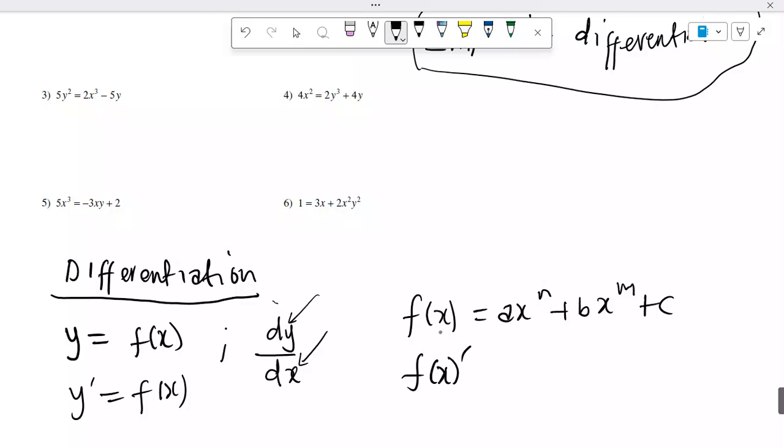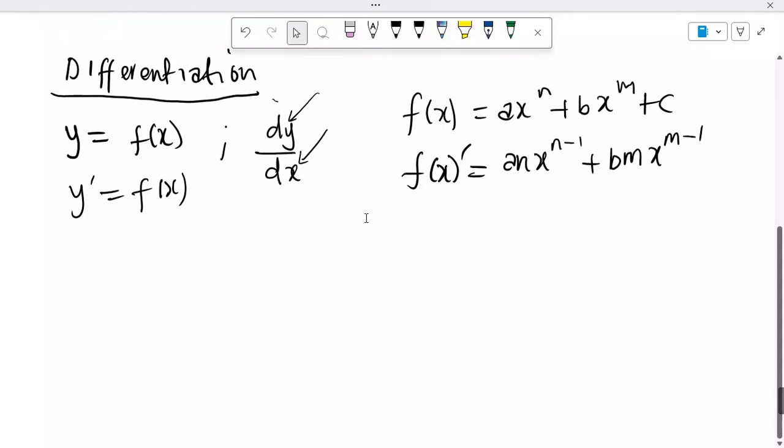After differentiating, you drop down n, so it will be a n x to the power n minus 1, plus b, which is a constant here, then we drop down m, then x to the power m minus 1.